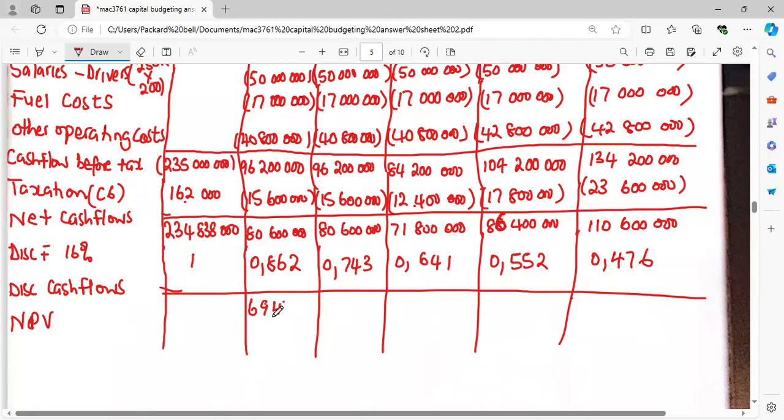It's 69,477,200. The first one. And the second? It won't be the same now, because the discounting factors are different.